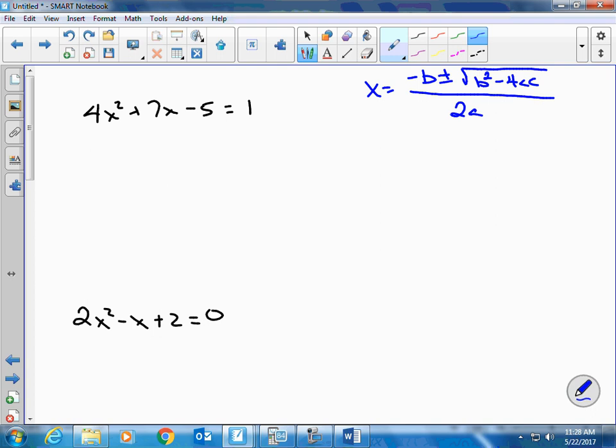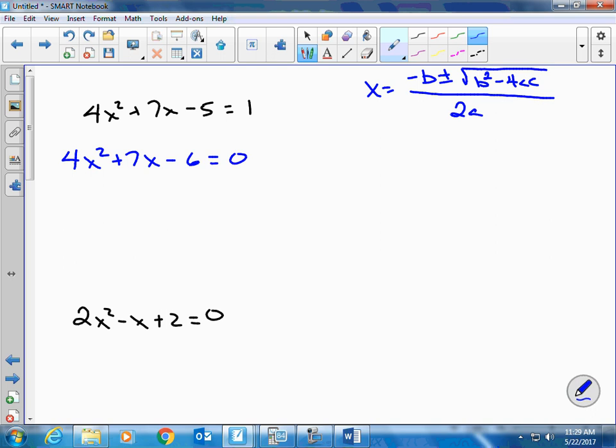Sorry. So first step, in order to use the quadratic formula, it has to be in the form ax squared plus bx plus c. We do understand that means plus or minus because the variables can be negative, equals 0. Well, it's equal to 1. So I have to get rid of that 1. I have to make it equal to 0 before I can use the quadratic formula.